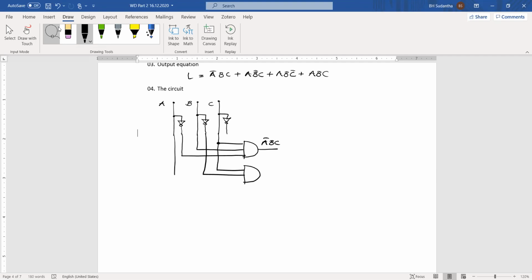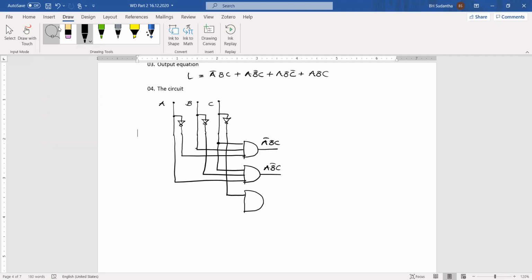Then A. Okay. A B bar C. Third one A B C bar.